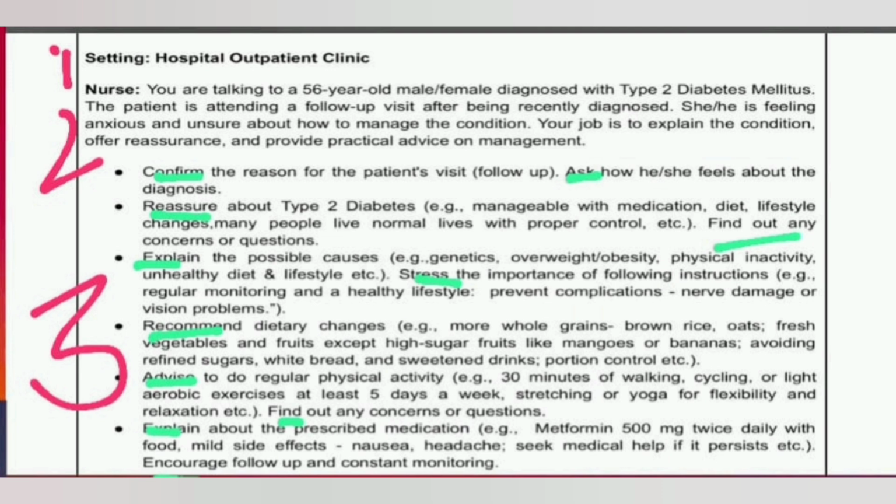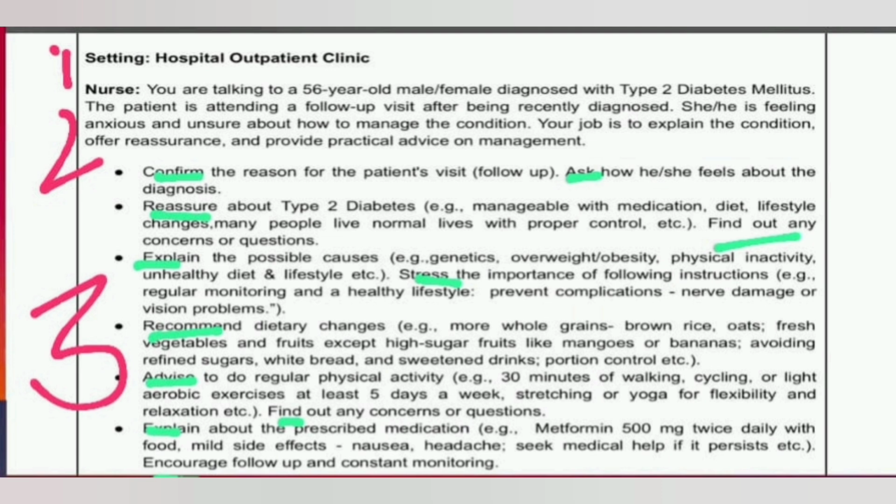Okay, so next is the task. So see here, I have already underlined all the action verbs. So these are the action verbs. So friends, it is also very easy for you to underline these action verbs during your final exam so that your mind will be set that this point has to be elaborated.